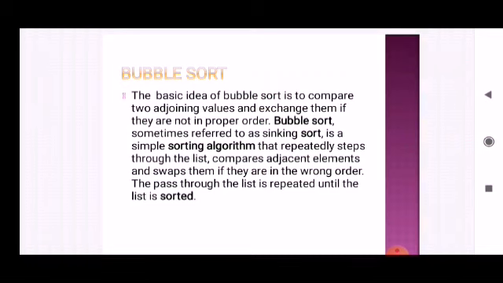The pass through the list is repeated until the list is sorted. So we compare two adjoining elements, and if they are not in proper order, they will swap. Then again the next two elements, and swap, until the list is sorted. So that's why this is called a bubble sort.